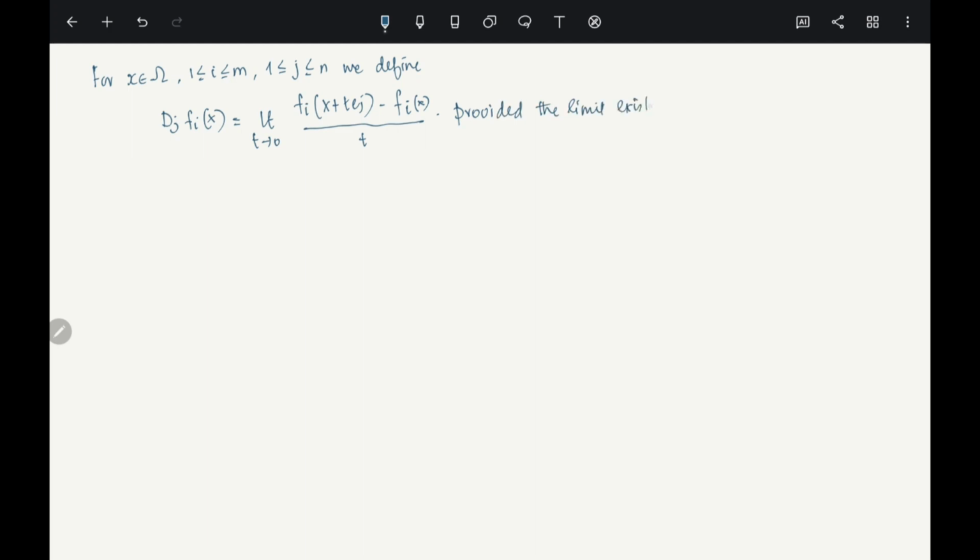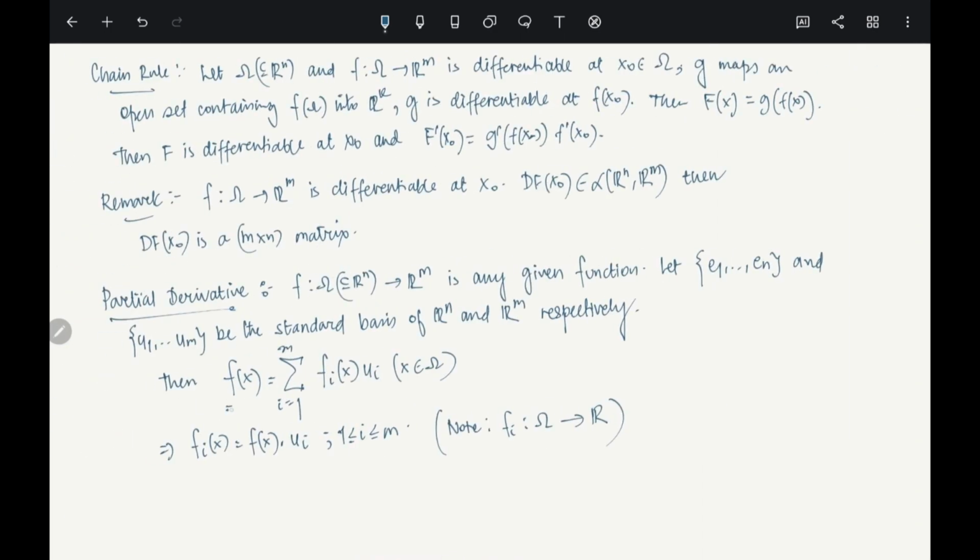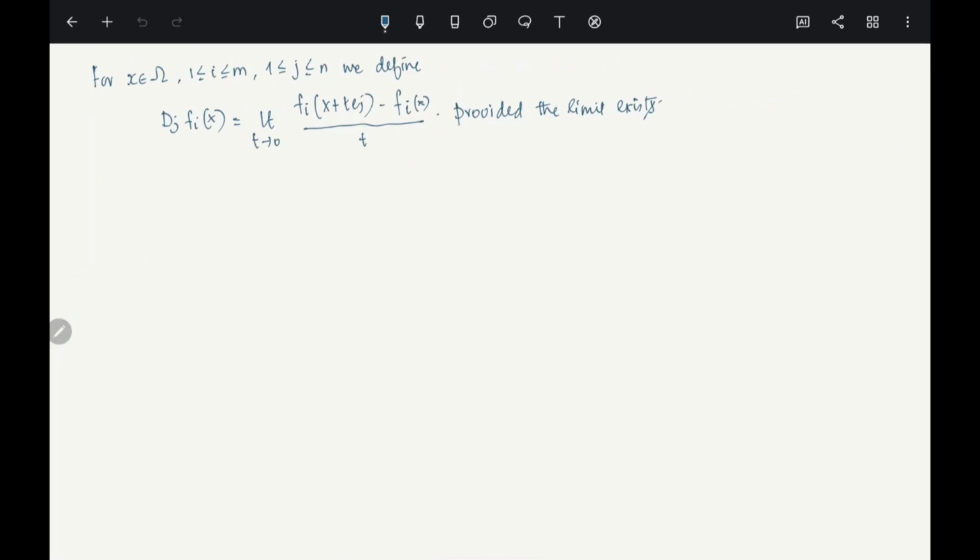First of all, for a given f, I break f into components, and each component is nothing but a real valued function, and for a real valued function I am defining the derivative in the jth direction.